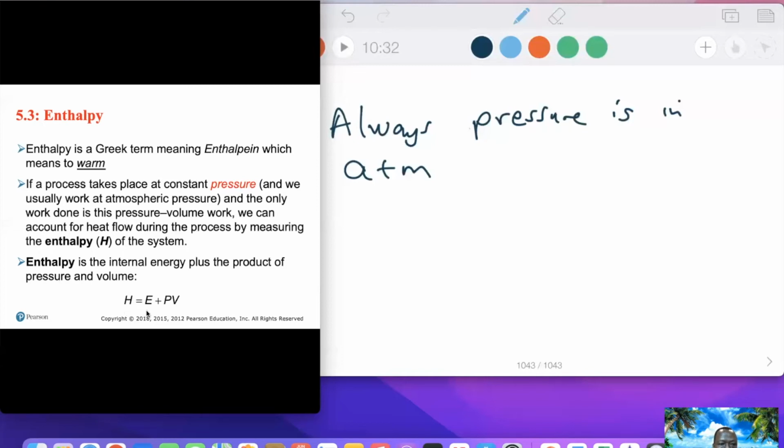So here, this is internal energy and this is the volume. What you should pay attention to is that this volume can be changing.